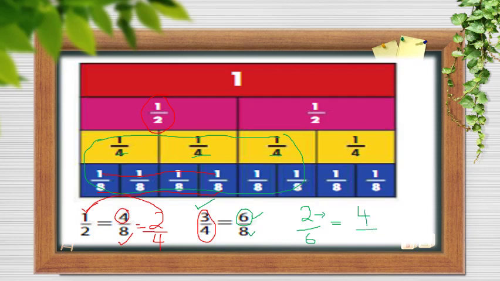And what is the double of 6? Excellent, it is 12. So these are the equivalent fractions. You can write equivalent fraction for any fraction by writing the double of numerator and denominator. This is a small tip you can use at many places.